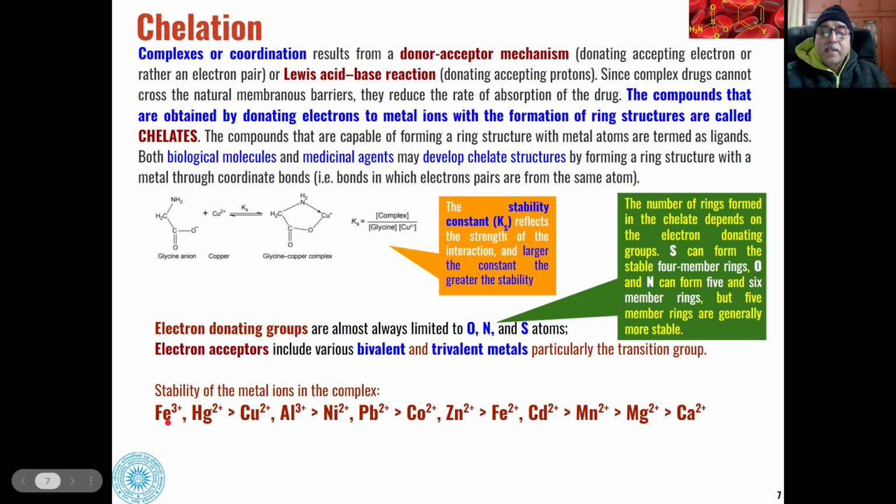They are the most stable ions which can form chelating complex, followed by mercury, copper 2 plus, aluminium 3 plus, nickel, lead 2 plus, copper 2 plus, zinc 2 plus, ferrous, cadmium 2 plus, manganese 2 plus, magnesium 2 plus, and calcium 2 plus. So the complex formed with ferric will be the most stable, and the complex formed with calcium will be the least stable in terms of stability of these different types of metal ions.